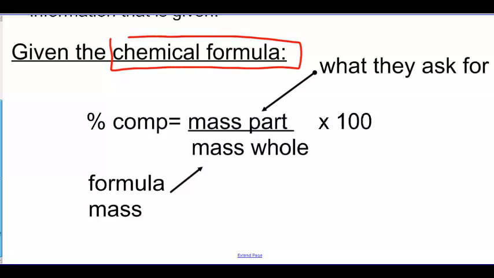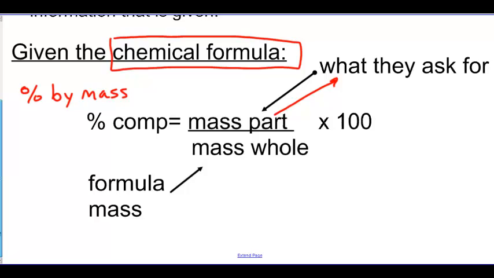Either way, we're always going to use the same equation for percent by mass, and this is the equation that's given to us in Reference Table T. It's equal to the mass of the part, and the part is whatever they are asking you for, divided by the mass of the whole, which, if they give us the formula, is the formula mass, times 100.